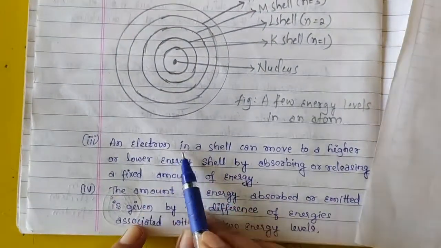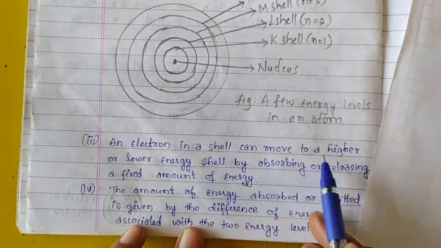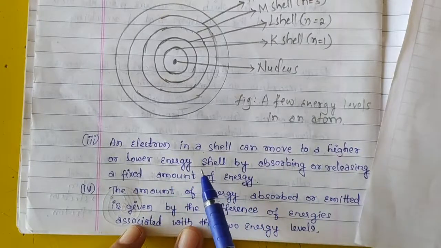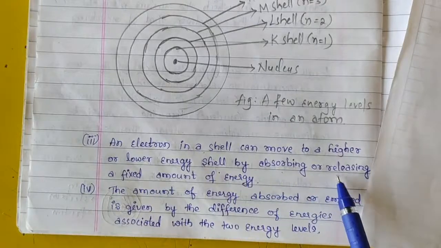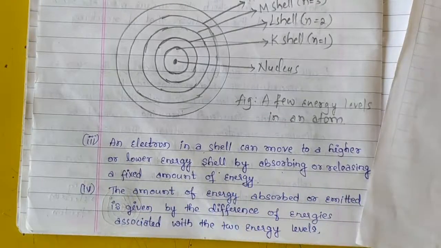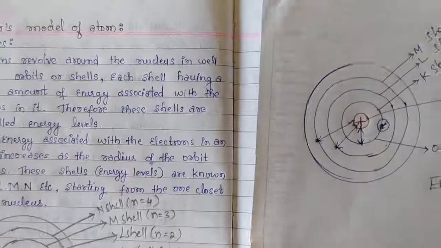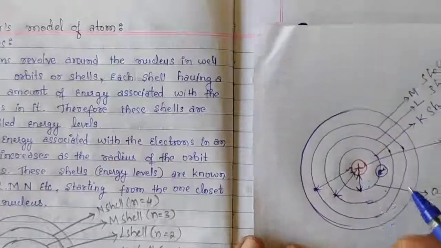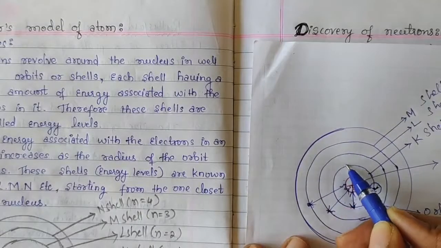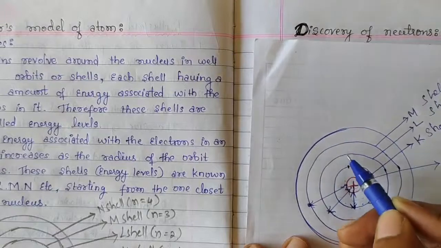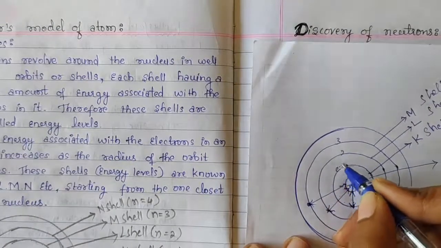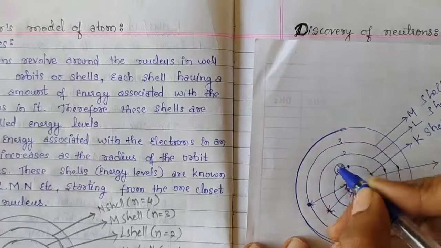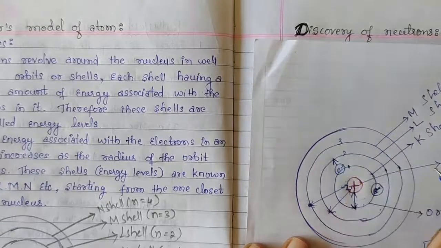Now we'll see the third postulate. An electron in a shell can move to a higher or lower energy shell by absorbing or releasing a fixed amount of energy. So children, see here. This is the first shell, this is second shell, this is third shell. The electron in the first shell can jump to the second shell.